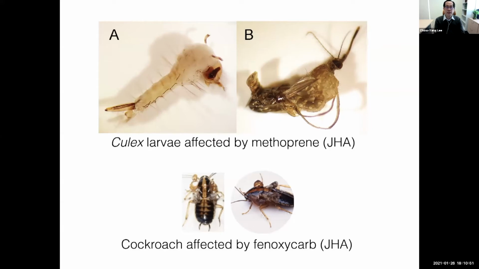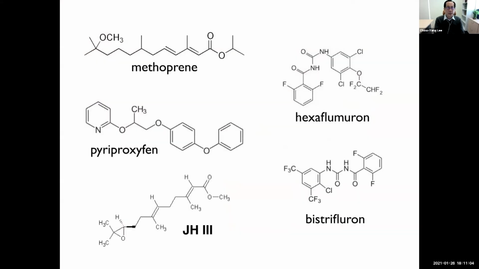The larvae died when the adult was trying to emerge from the pupa. The second slide below shows a cockroach affected by fenoxycarb. As I mentioned before, they are natural juvenile hormone-alike. Many of these candidates are widely used in vector control as well as urban pest control.